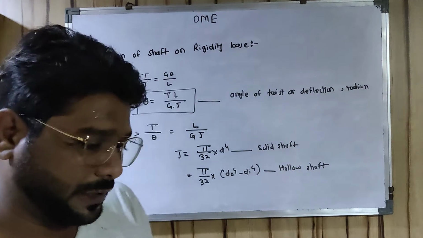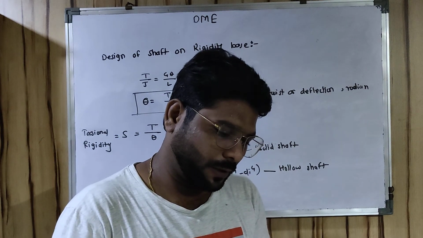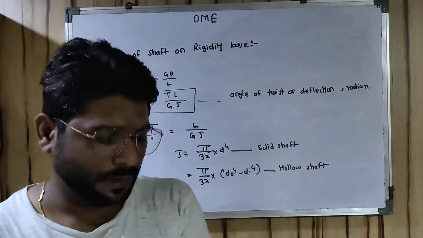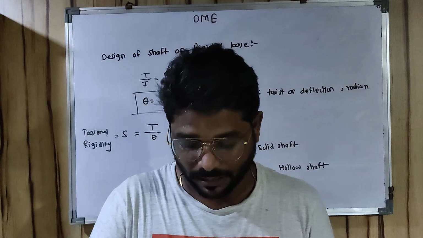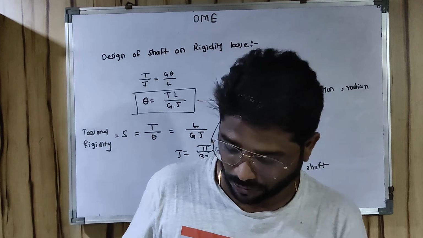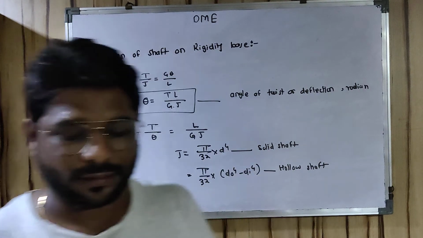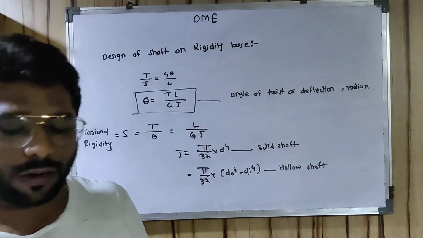Now in the next video lecture I'm going to come up with numericals. We'll start with the numericals. There are some basic advantages and disadvantages of hollow shaft and solid shaft. I'm going to read those advantages. The hollow shaft has a larger torque transmitting capacity.